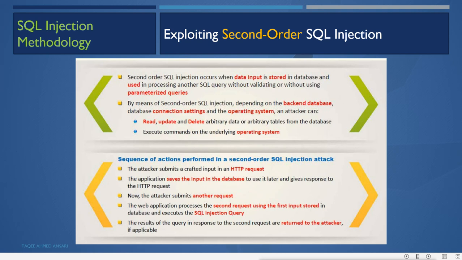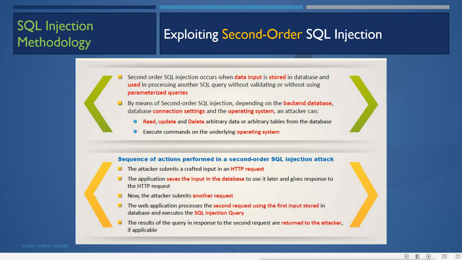Sequence of actions performed in a second order SQL injection attack. The attacker first submits a crafted input in an HTTP request. The attacker will craft a request and submit it. Then the application saves the input in the database to use it later and gives a response to the HTTP request. The request is saved there for future use.